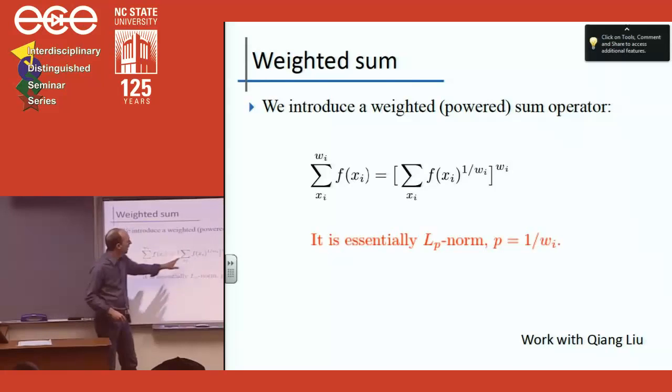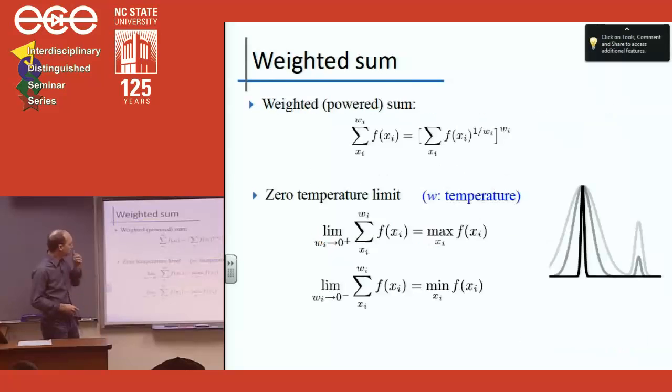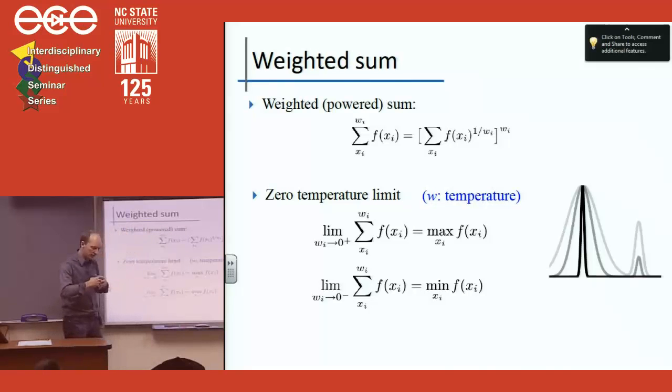If you know how to take an Lp norm, that's all I'm talking about. The notation for writing Lp norms doesn't work well for cascades of norms, so we had to invent this other one. And the reason this is a nice generalization is that this weighted norm can be thought of as a temperature-controlled thing that can interpolate between sum and max or min.